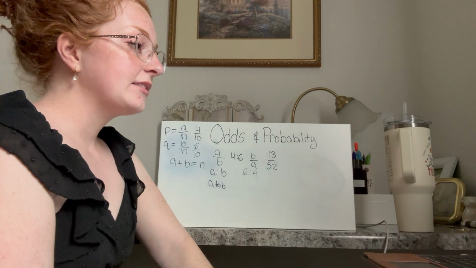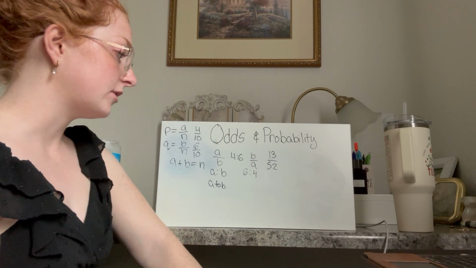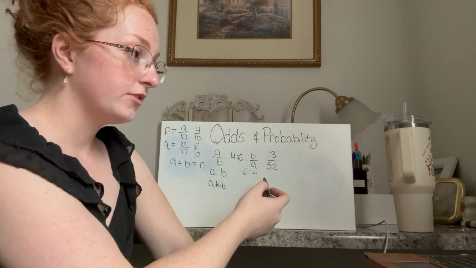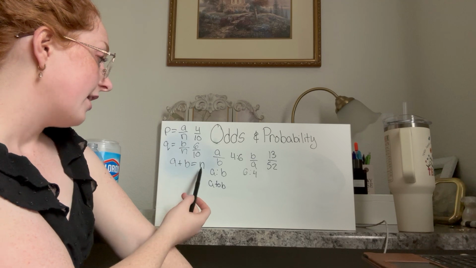Then it asks us, what is the probability that Sarah will not select the hearts? A little bit more difficult. They don't give us the number that it is not hearts, right? So we have to refer back to here. Now let's reverse engineer it.